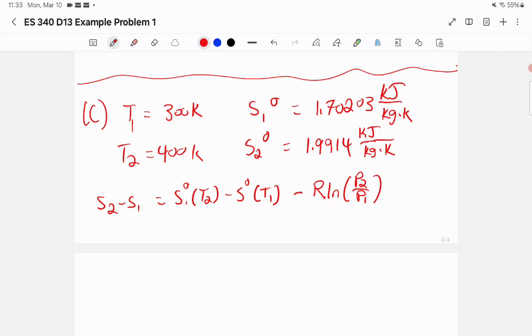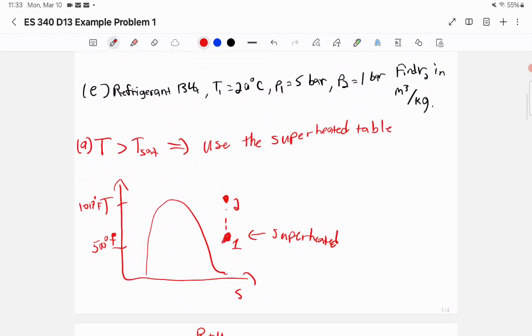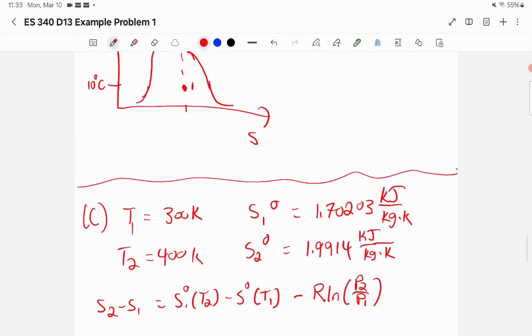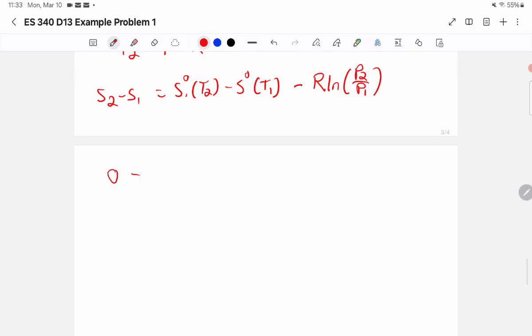Now we know S1 is equal to S2 because that was what it said in the problem. So that means that this becomes 0 is equal to S2 circle minus S1 circle minus R times the natural log of P2 over P1. We were also given P1, by the way, so we can deal with that.